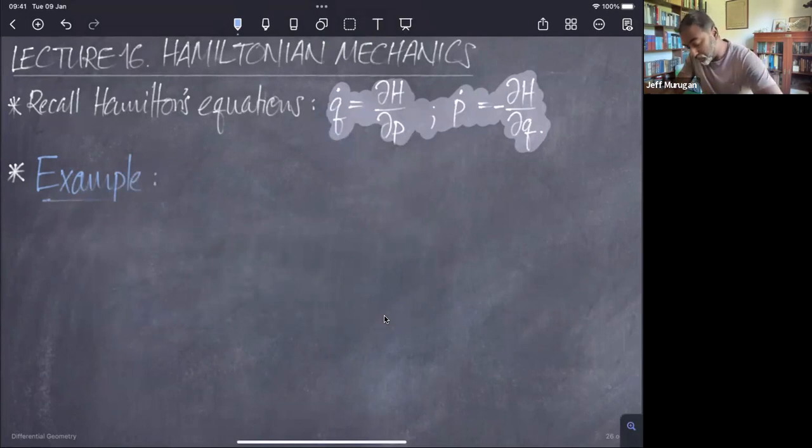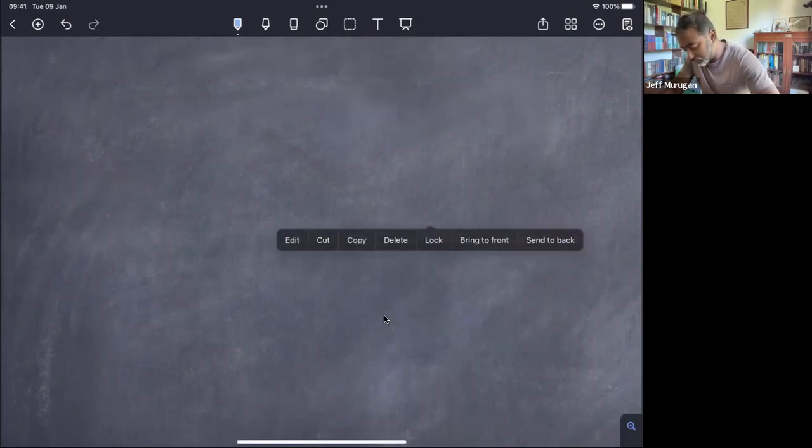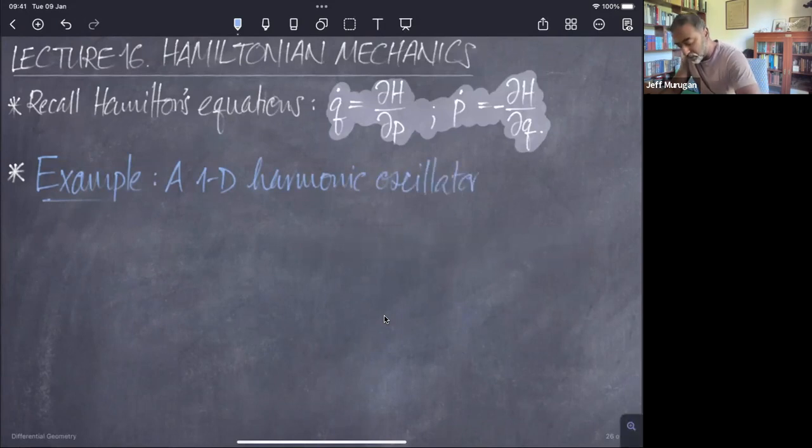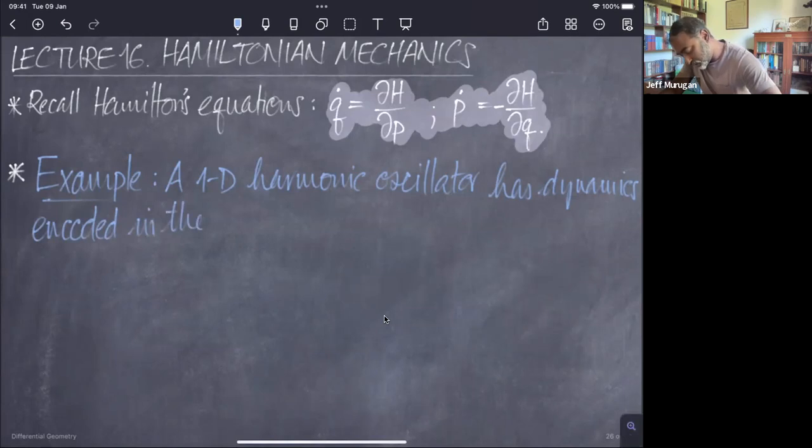Lagrangian mechanics. So given a Lagrangian for a one-dimensional harmonic oscillator, which has dynamics encoded in the Lagrangian L of q, q dot.